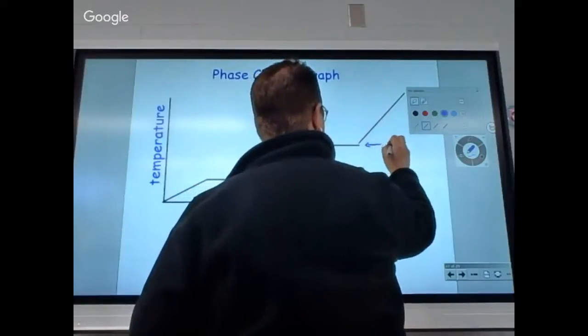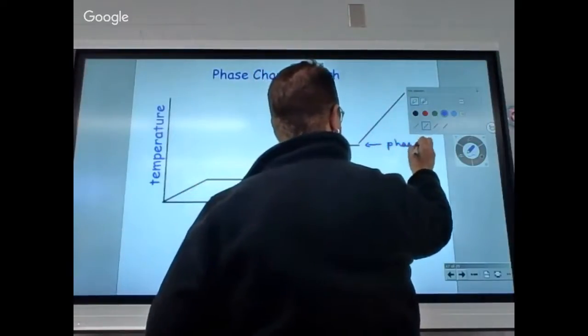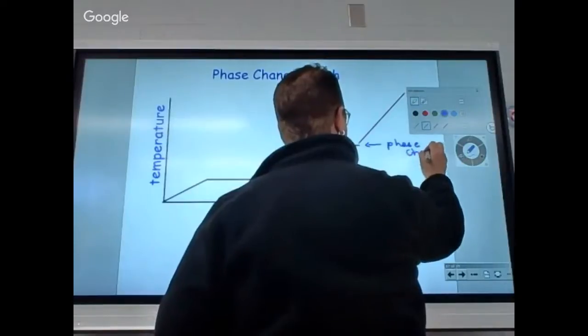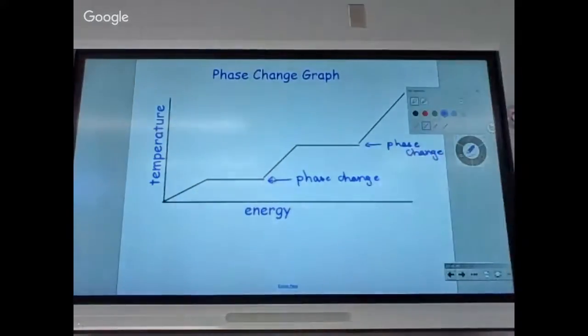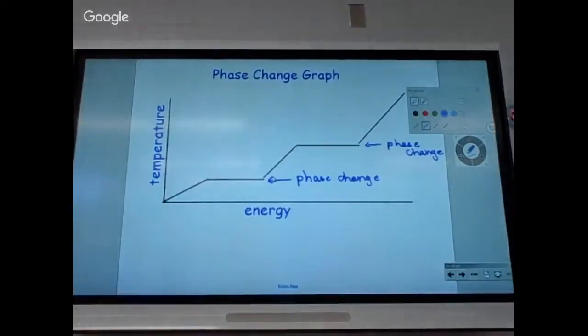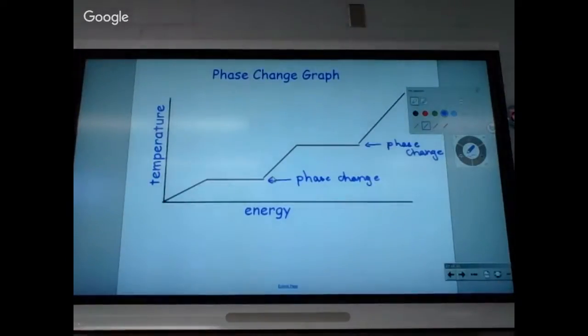The flat spots are our phase changes. So when we melt, freeze, boil, evaporate, or condense are the flat spots. Everybody hear me say that? The 4 phase changes are the flat spots.